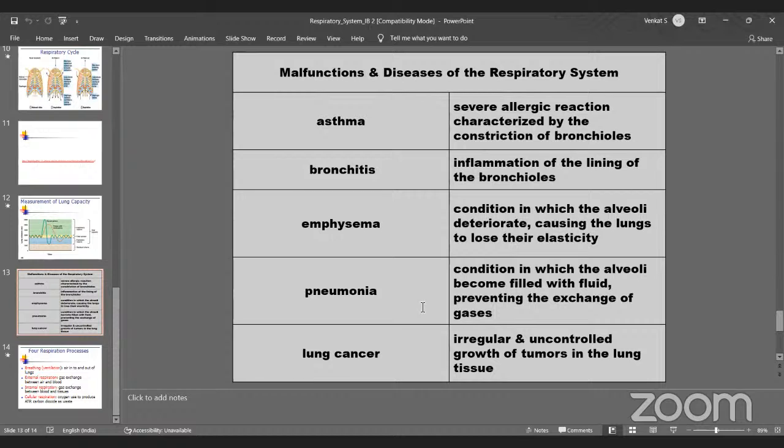Pneumonia: a condition where the alveoli become filled with fluid, preventing the exchange of gases. Lung cancer: irregular and uncontrolled growth of tumors in the lung tissue.